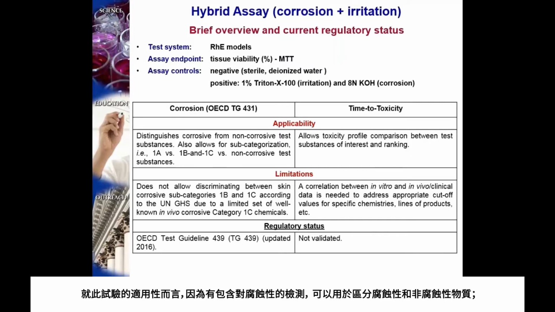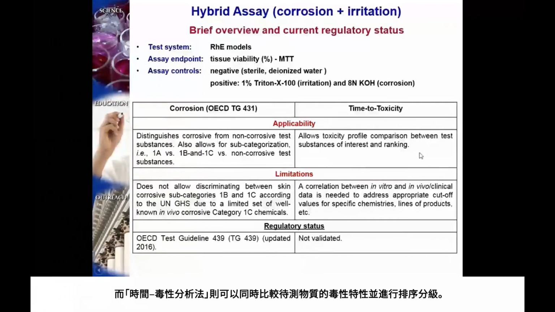In terms of this assay, usually for the applicability, it allows the separation of corrosive and non-corrosive materials since it has a corrosion component. But from the time to toxicity standpoint, it allows toxicity profile comparison between test substances of interest and ranking in the same assay.